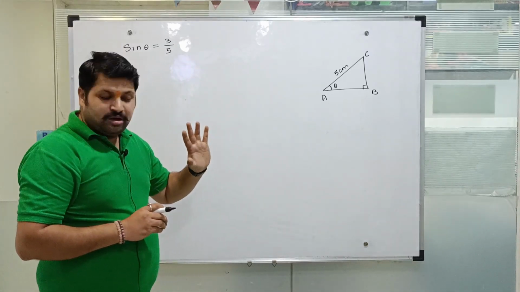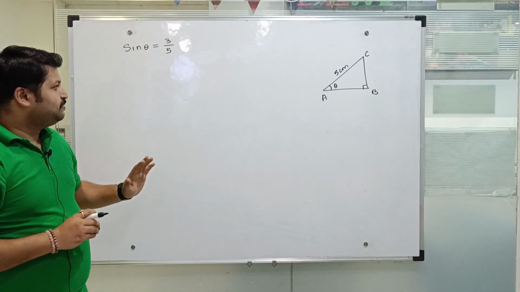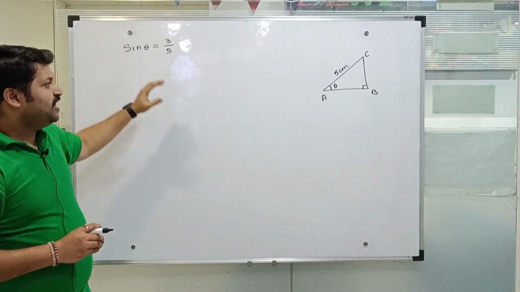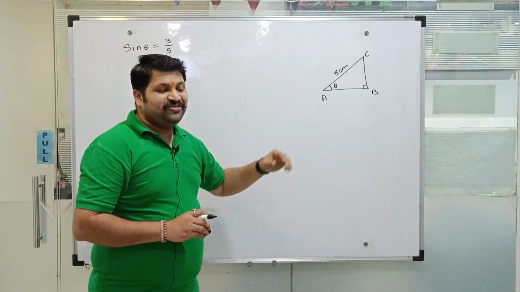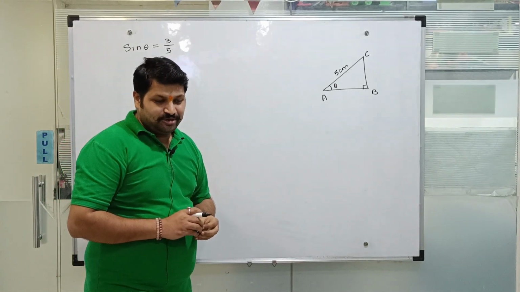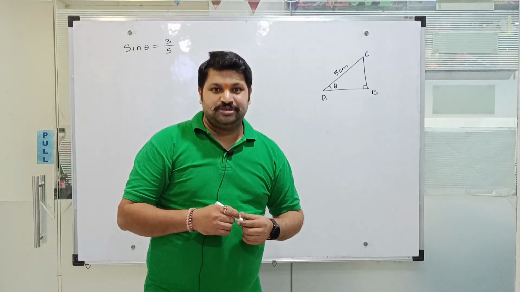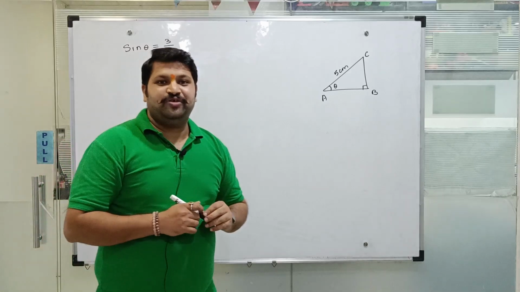The problem is very simple. I am given sine theta equal to 3/5 and one of the sides is 5 centimeters, that is, the hypotenuse is 5 centimeters.